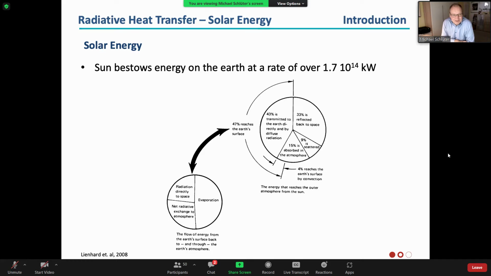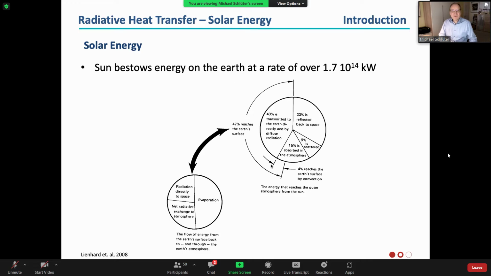You can see that the sun bestows energy on the earth at the rate of 1.7 multiplied by 10 to the power of 14 kilowatts. Yeah, this is more than mankind has ever used. It's such a huge amount of energy that is transferred by the sun.